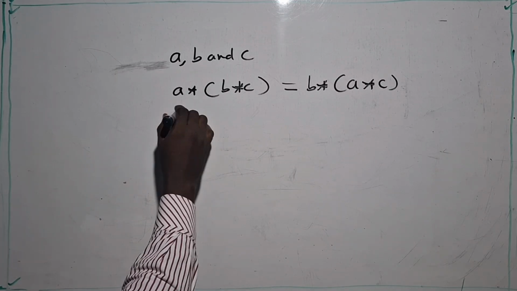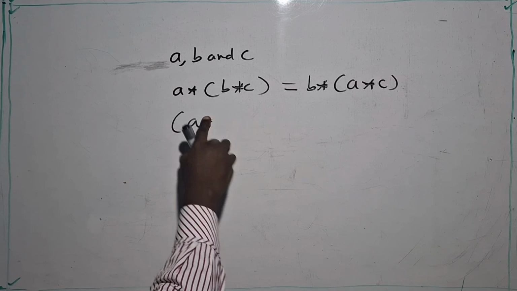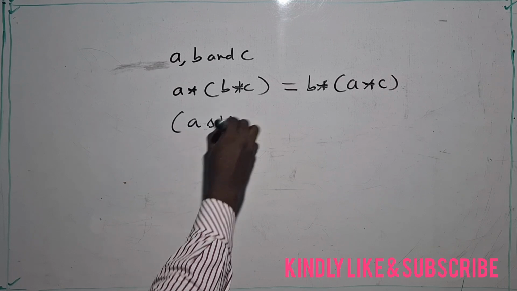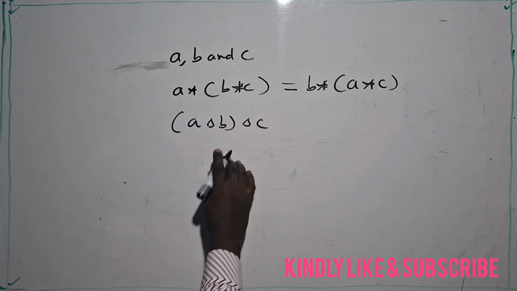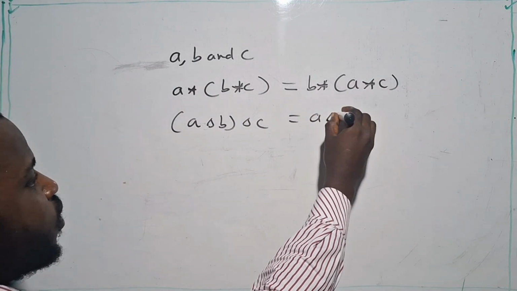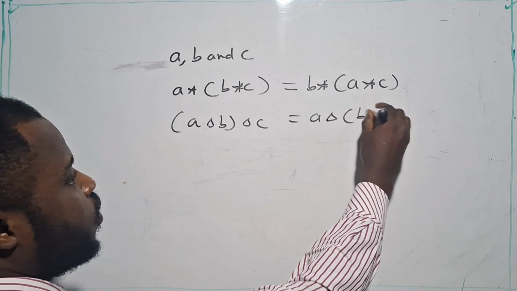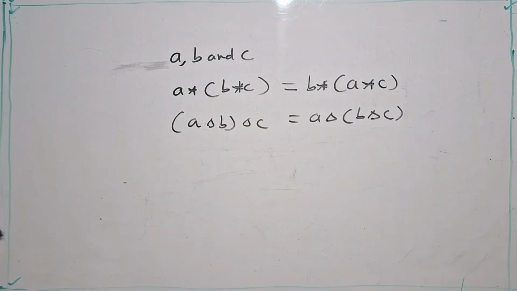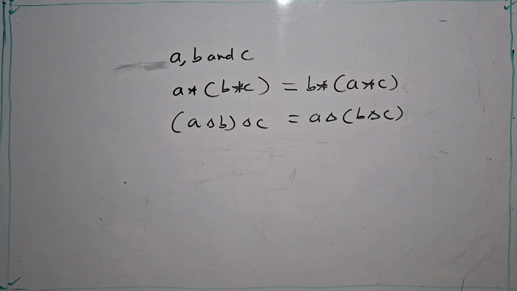Or when you see A, let me use a different operation, B operation C outside, it should be the same as A outside, operation B operation C, bracket close. I'm going to prove that.